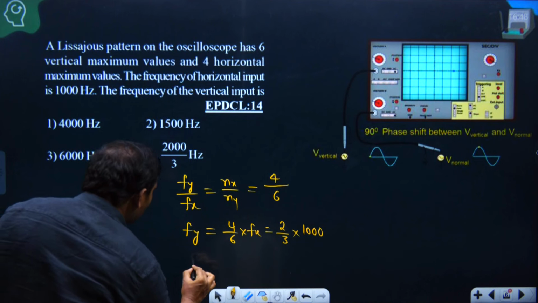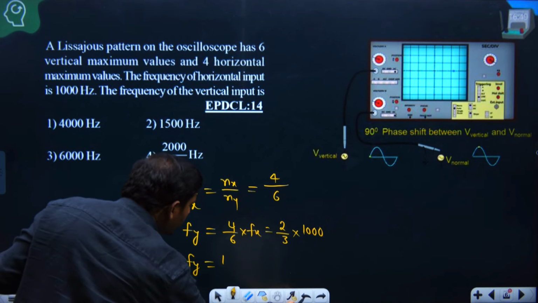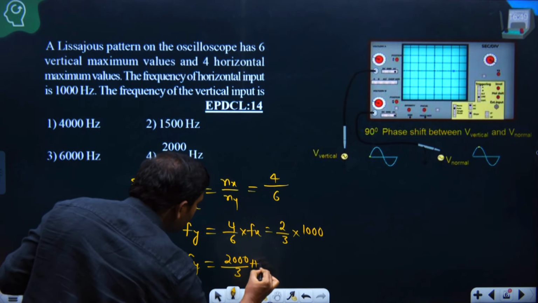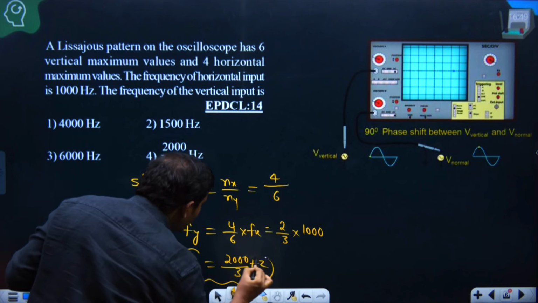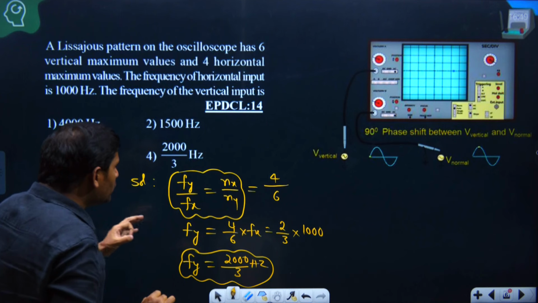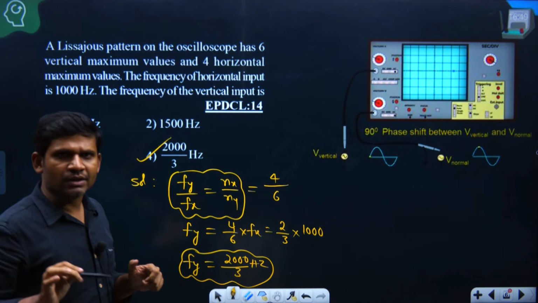Then the vertical input frequency is 2000 by 3 Hz. Very simple solution and the formula is also very simple, students. For this question, option 4 is the right answer.